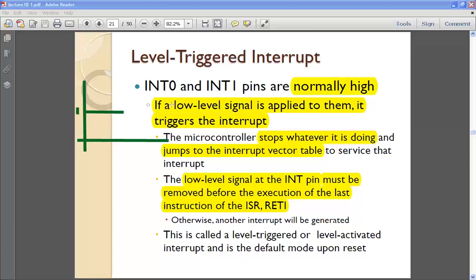If a low level signal, that is a ground signal, is applied to them, for example through a switch or any other device, then when a low level signal is applied to this pin, the status of this pin is now low. So this indicates that the status of this pin is equal to 0.